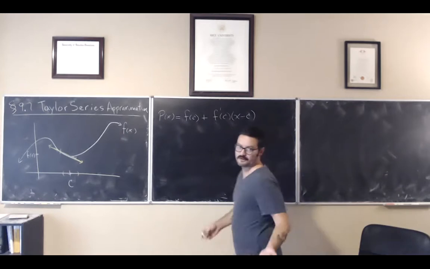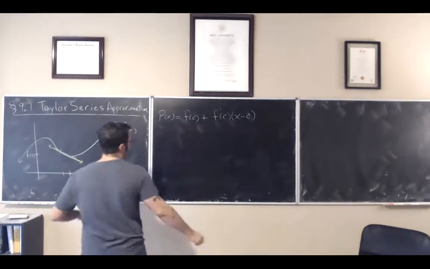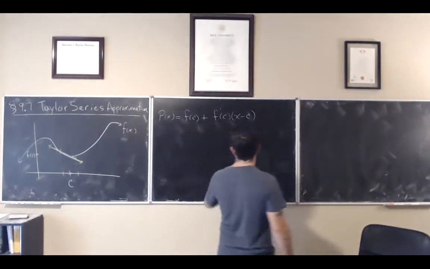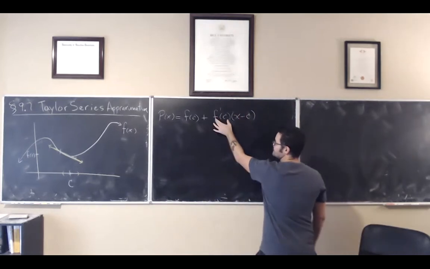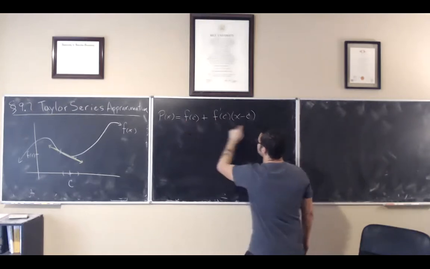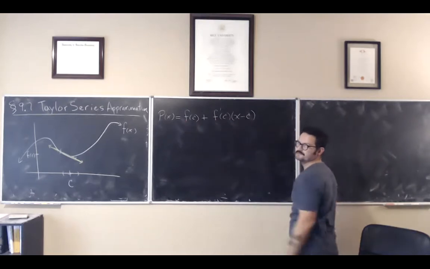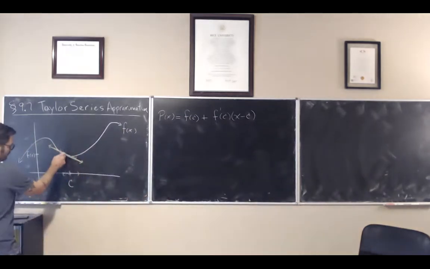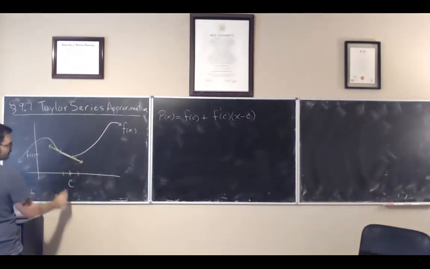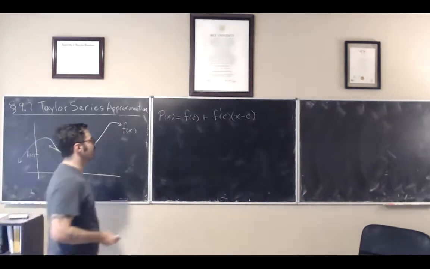This is a function of x. This is a polynomial, a degree 1 polynomial, because f prime at c is just a number. This is going to be approximating this function around c. Why is that?